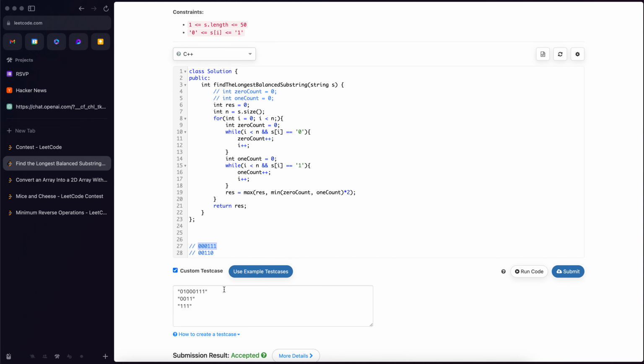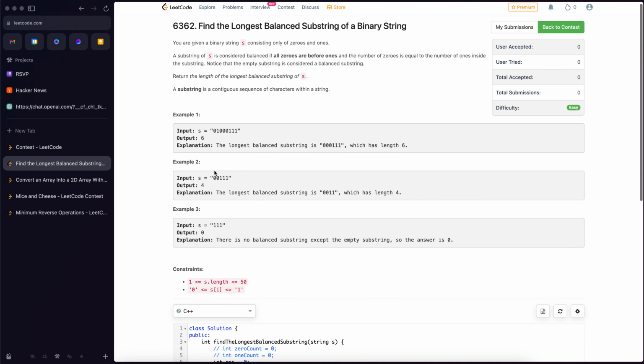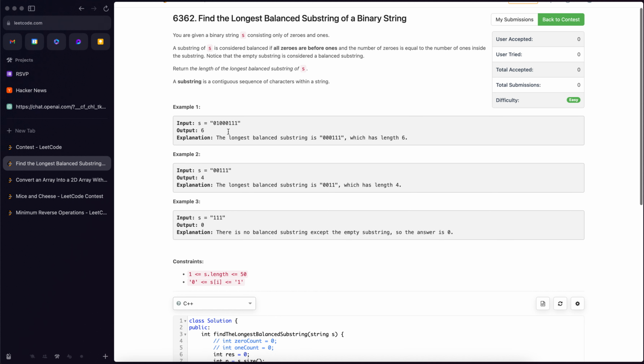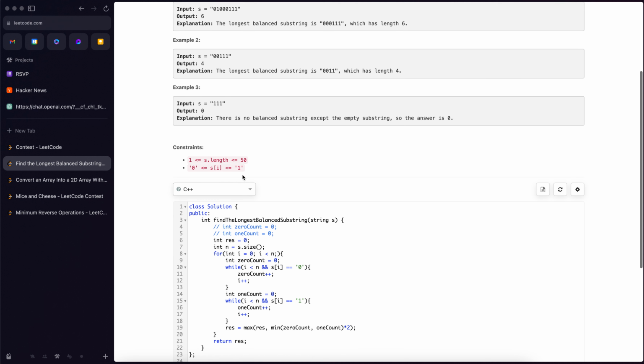What we can do is iterate on the string, and whenever we find consecutive zeros, we calculate how many zeros there are, and then after that how many ones there are, and we'll need to take the minimum of these two numbers, because we need to make it balanced, right?